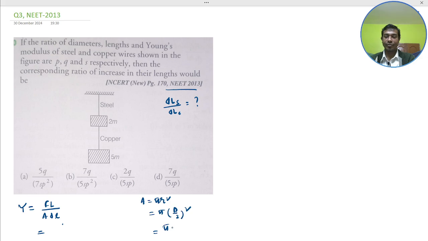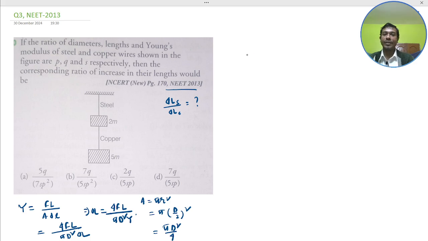So this is equal to pi d squared divided by 4. So here Young's modulus would become 4FL divided by pi d squared delta L. So delta L would become 4FL divided by pi d squared Y.